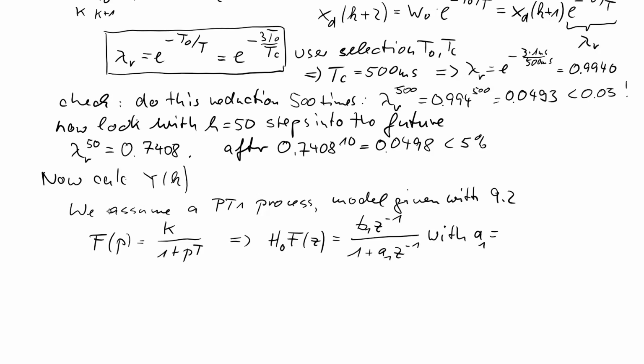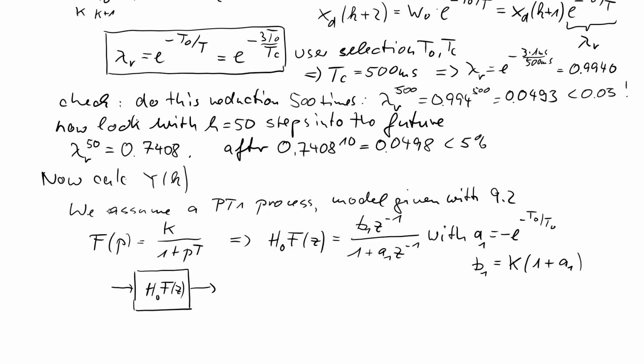A1 is minus e to the power of minus sampling time divided by time constant, and b1 is k times 1 plus a1. Okay, this is just given so that we can write our model now with the correct letters.